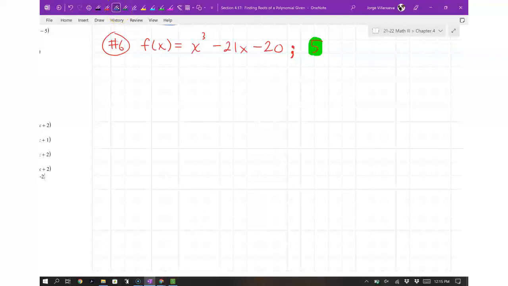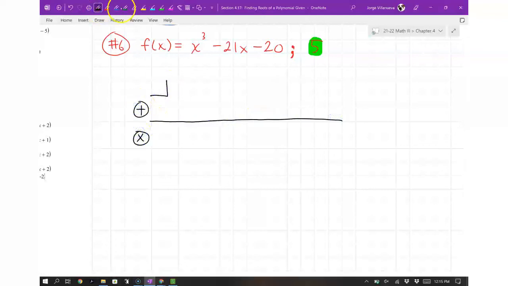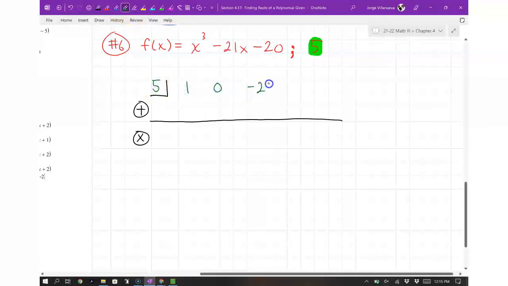Now I'm gonna let you guys do this whole problem, but I'm gonna get you guys started. Okay. So we're gonna get started here. In that half box, you're going to put a 5 and then a 1, 0, negative 21, negative 20.